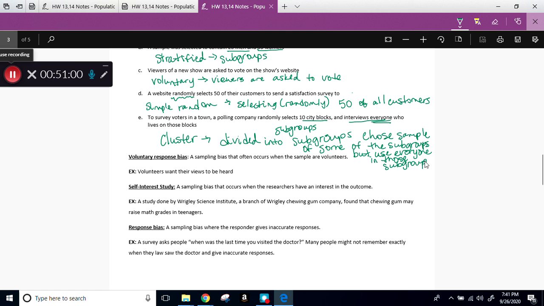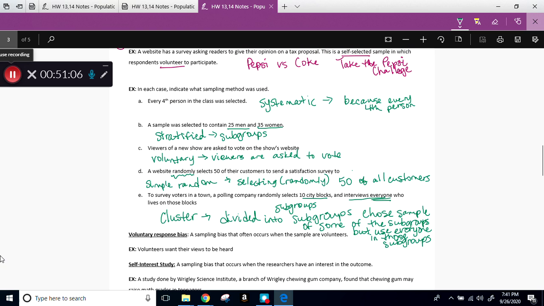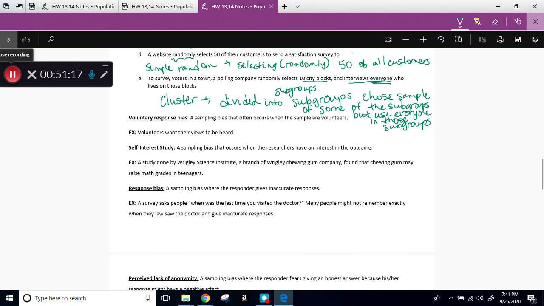So remember the one earlier didn't say that exactly, did it? This one says interviews everyone who lives on those city blocks. Whereas up here, it just says a sample was selected to contain 25 men and 35 women. There's going to be those two groups, and then they're going to do more with them. So for it to be clustered, it's going to probably tell you that it's going to be everybody. I'm just saying.